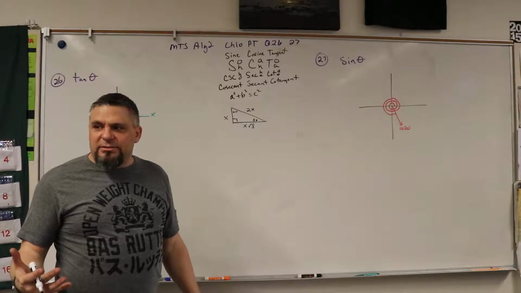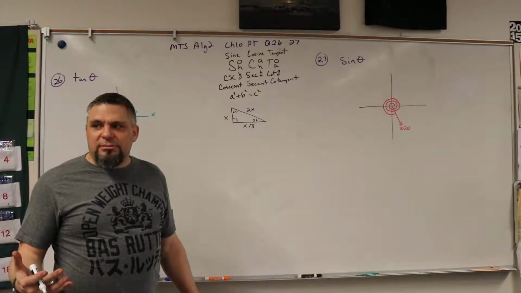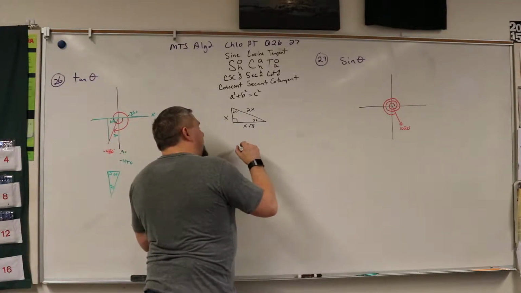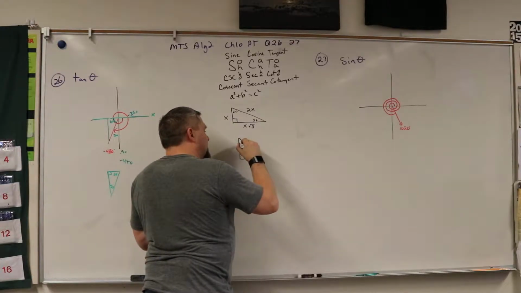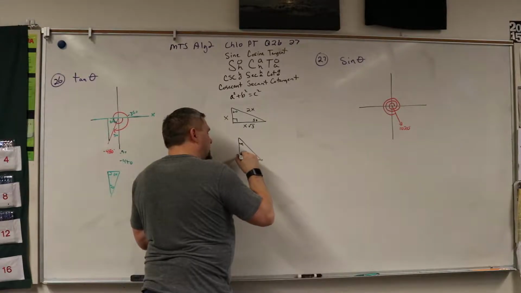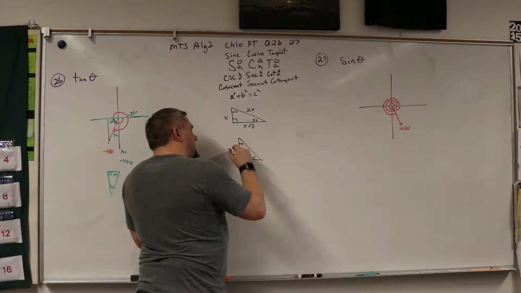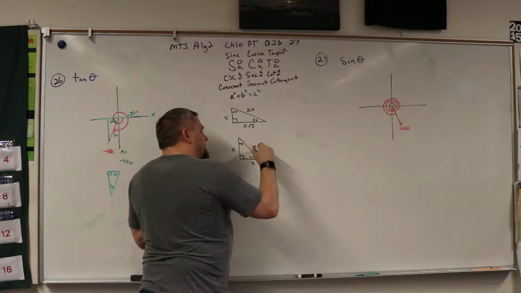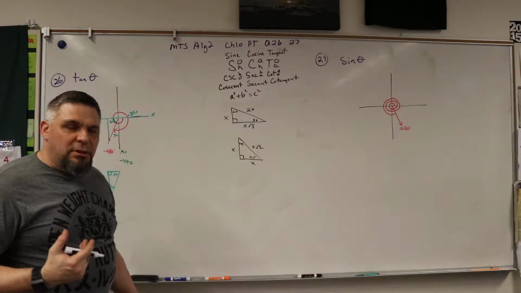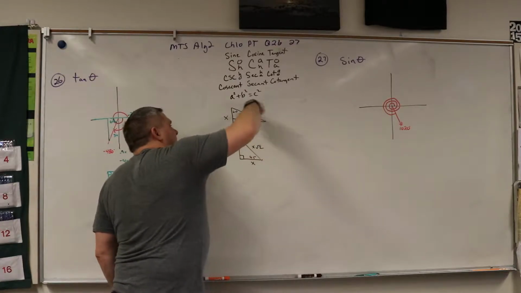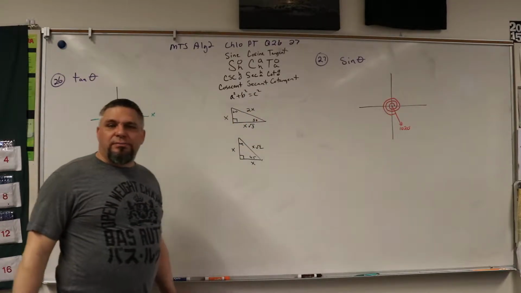And then we have the 45, 45, 90: x, x, x square root 2. These are our special triangles. They always have this ratio going on.